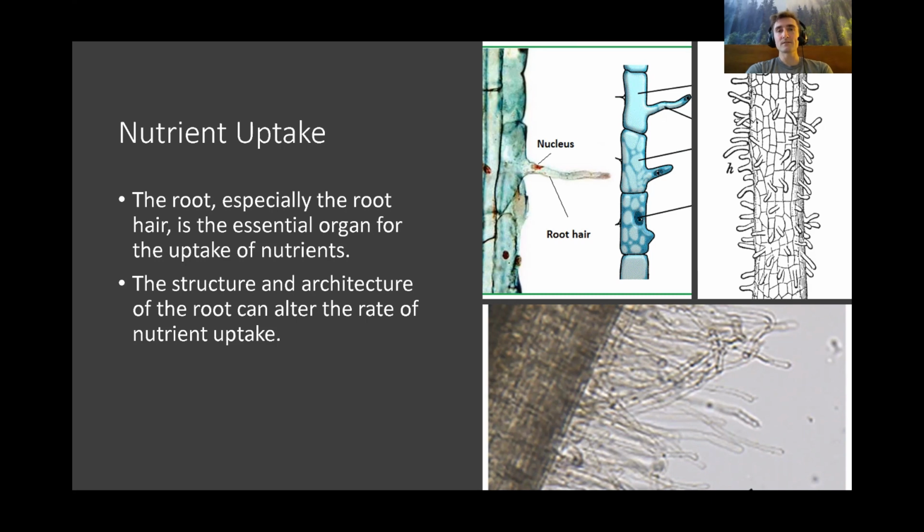Visually, if you look at roots, you can typically tell if they have a lot of hairs or not. But these are very fine, very thin, and really existing on a microscopic level. And it's the quantity and quality of root hairs on the roots that determine the rate at which water and nutrients can be taken up from the soil.